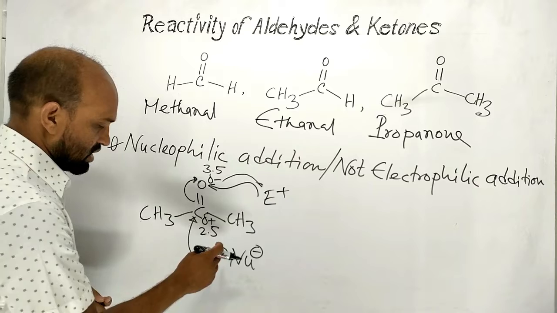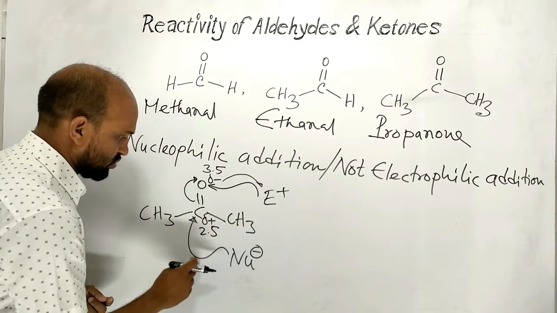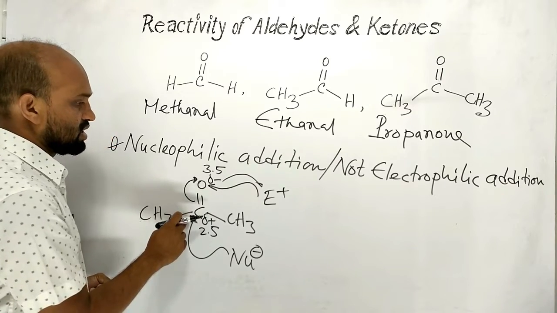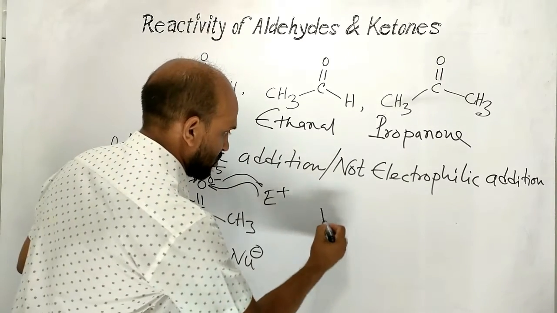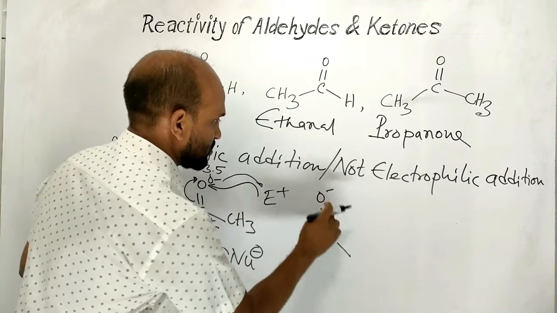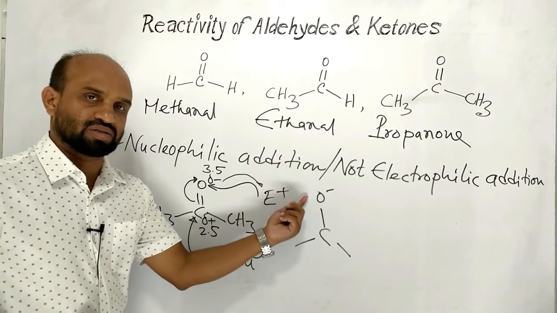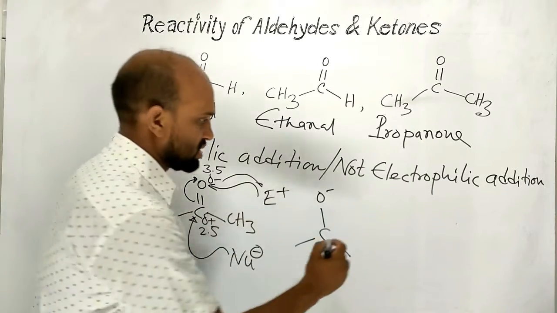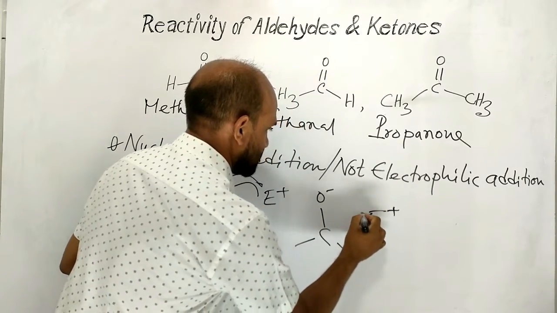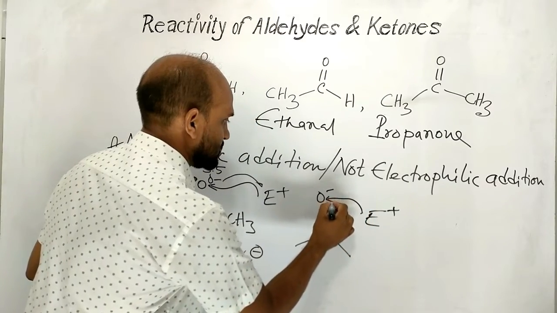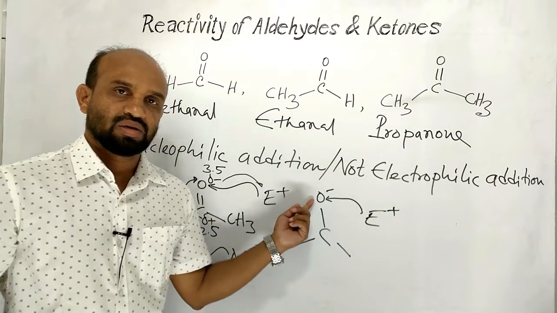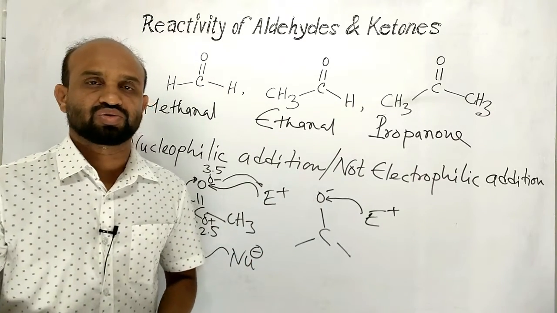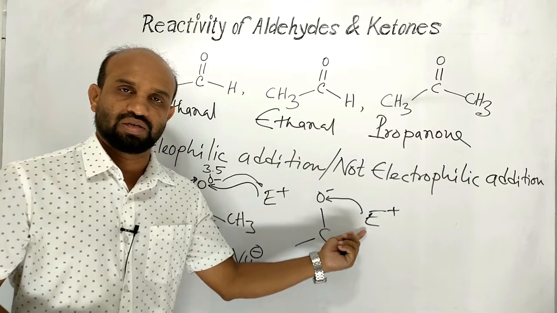But at the first step, nucleophile combines with carbon very easily, and after that this oxygen becomes fully negatively charged from the partially negatively charged, and then electrophile combines with this oxygen, and oxygen now donates electrons to electrophile easily.